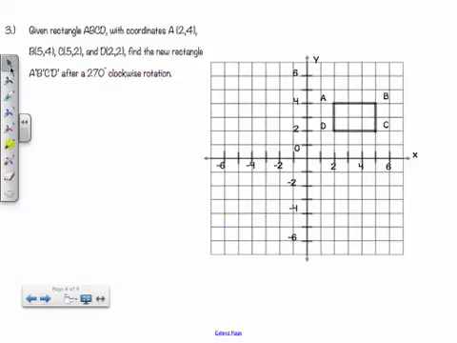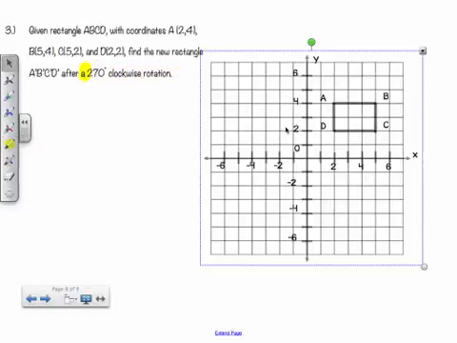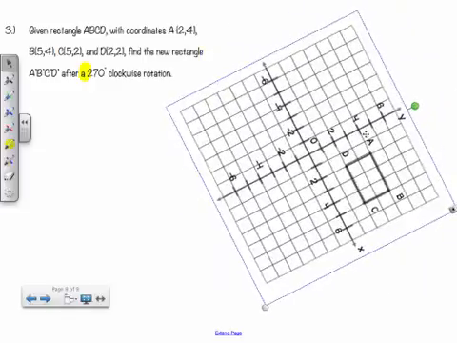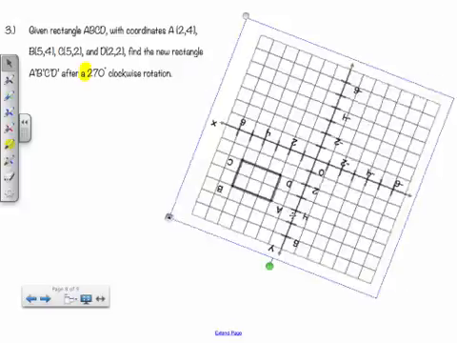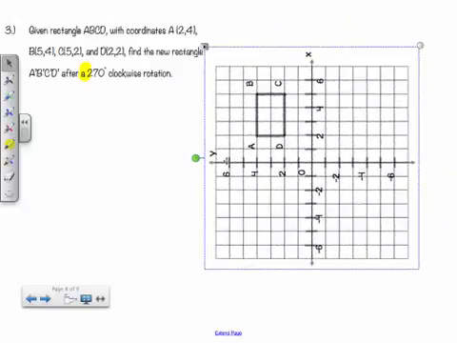All right, ladies and gentlemen, at this point in time, you should be feeling comfortable with rotations. So I actually want you to do number 3 on your own. Make sure that you turn it exactly how many you need to turn it, since it's 270 degrees clockwise. Make sure that you turn your paper 1, 2, 3/4 turns this time, okay?